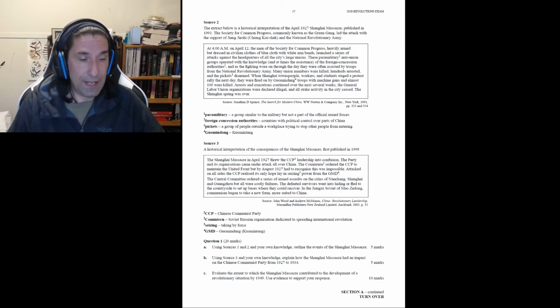It was at the Jiangxi Soviet where he perfected many of his ideas about how to gain the support of the peasants, how to implement moderate land reform policies and so forth, to gain the support of the rich peasants as well, rather than attacking them and taking their land. So lots of key things happen as a result of the Shanghai Massacre. All right, let's keep going.